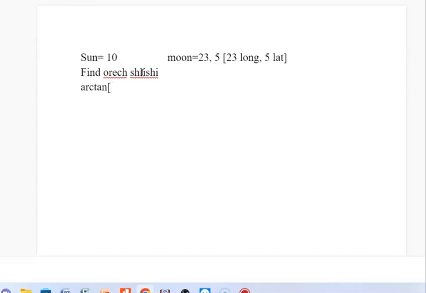It's arctangent of sine x minus tangent 5 times tangent 23.5, divided by cosine x. I'm writing down the formula here. This was explained in the earlier tapes, but you can follow it blindly and you'll get the right answer. So I'll do the calculation now.